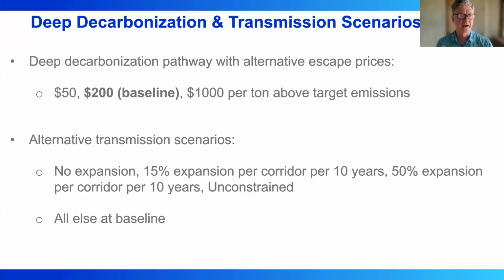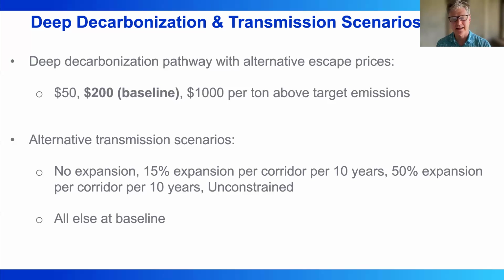So first, I'll talk a little bit about these particular scenarios. There's a lot of scenarios we've looked at, and I should provide some links here at the end where you can explore all these scenarios in interactive graphs, a great thing that Greg set up. But this is what I'll look at right now. We're going to look at the deep decarbonization pathways, where we have a constraint on reducing carbon emissions at a very rapid rate, but there's an escape valve.